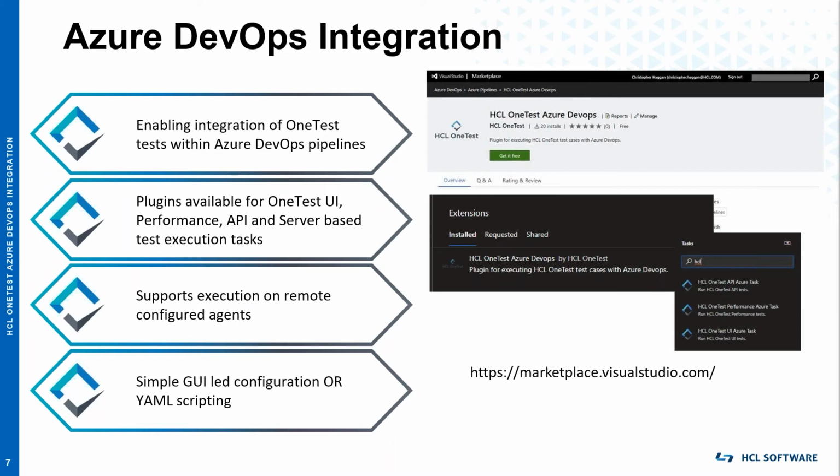And this enables the integration of One Test with the Azure DevOps pipeline. We have plugins available for One Test UI, Performance, API, and our server-based execution tasks. And as you can see here, we allow for simple configuration and scripting of it, or you can run your execution on remote or configured agents as well.